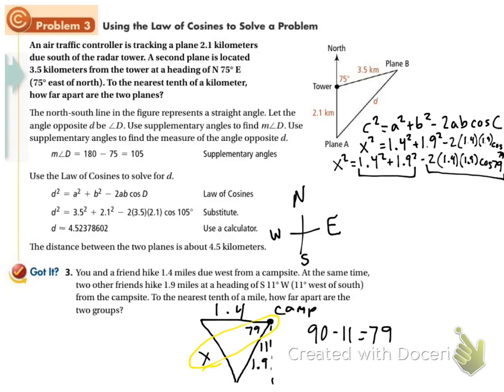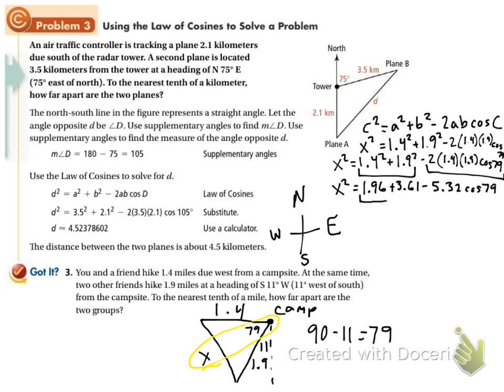So I need to do 1.4 squared, which gives me 1.96 plus, and I need to do 1.9 squared. That gives me 3.61 minus, and now I'm going to do 2 times 1.4 times 1.9. That gave me 5.32. And I'm just going to leave the cosine of 79 there still.